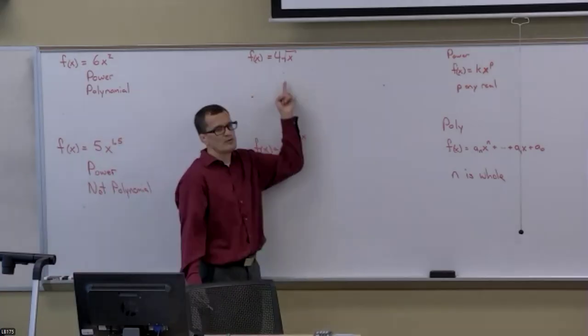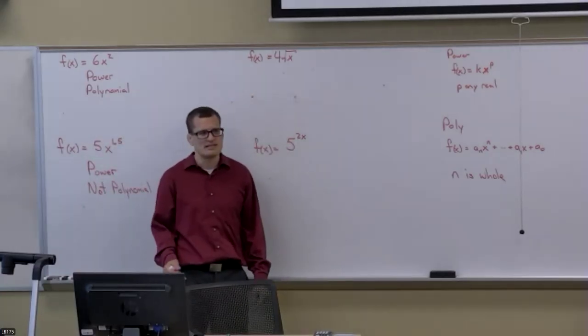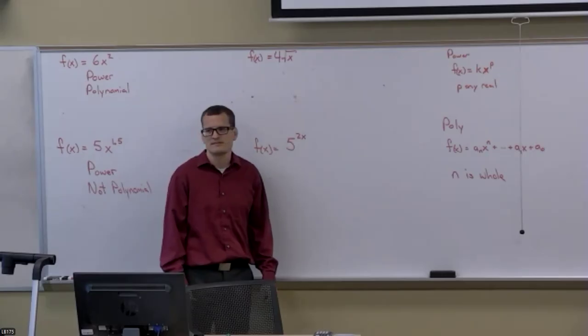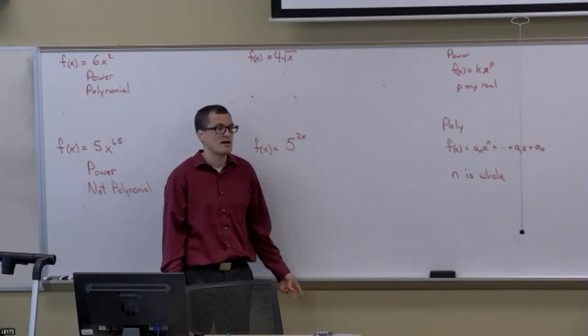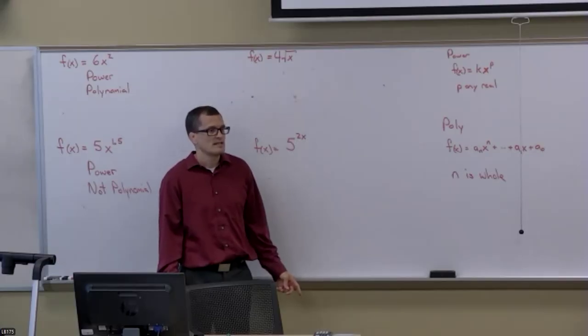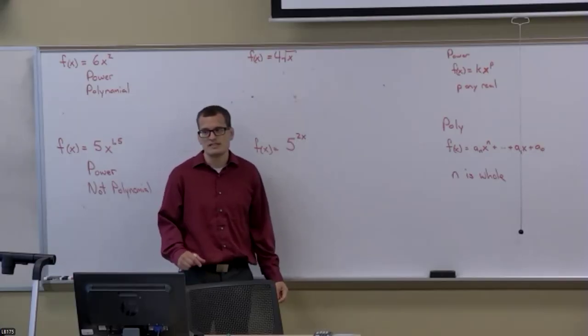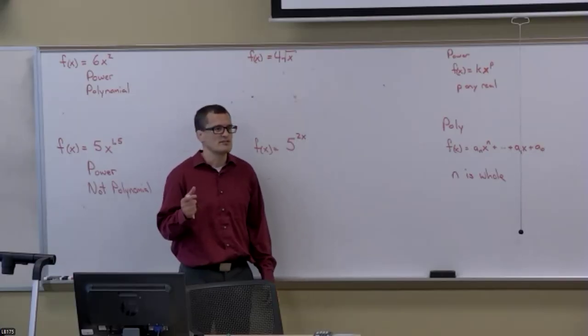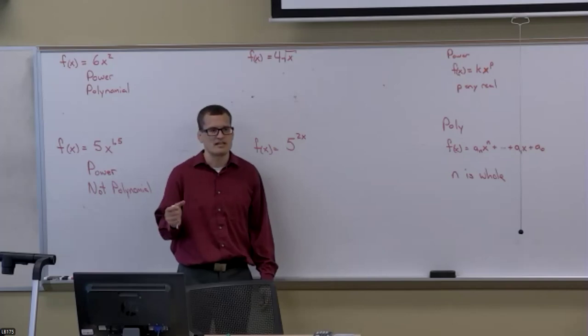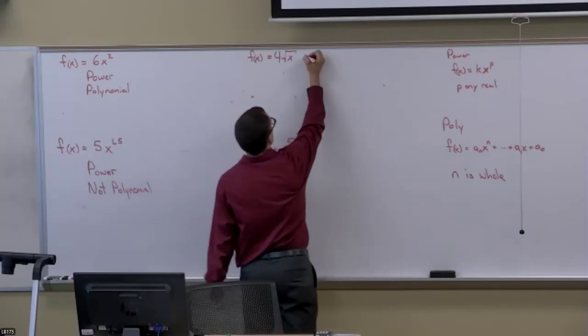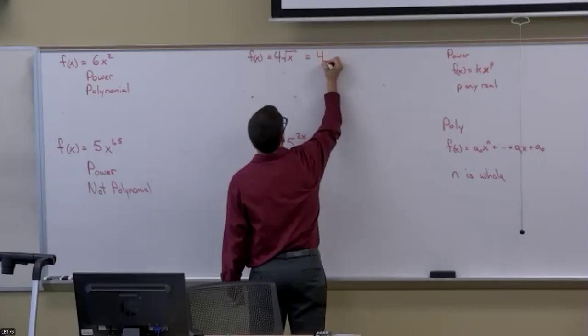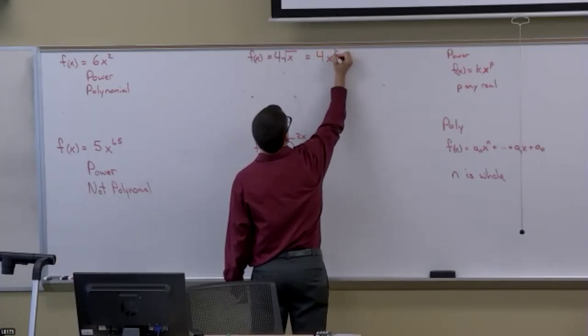How about this one? 4 times the square root of x. Is that a power function or not? Yeah, that one is, via the trick that taking a square root of x is the same thing as taking x to the 1/2 power. Does that make sense? So this is the same thing as 4 times x to the 1/2 power.